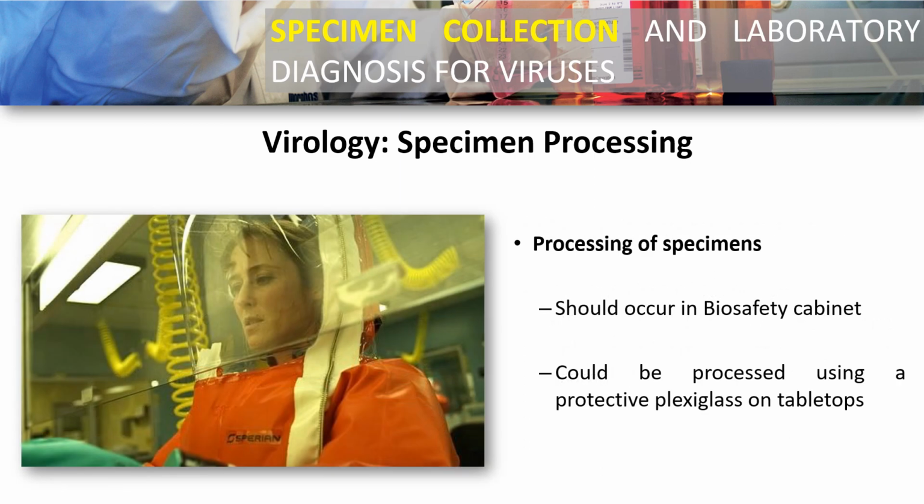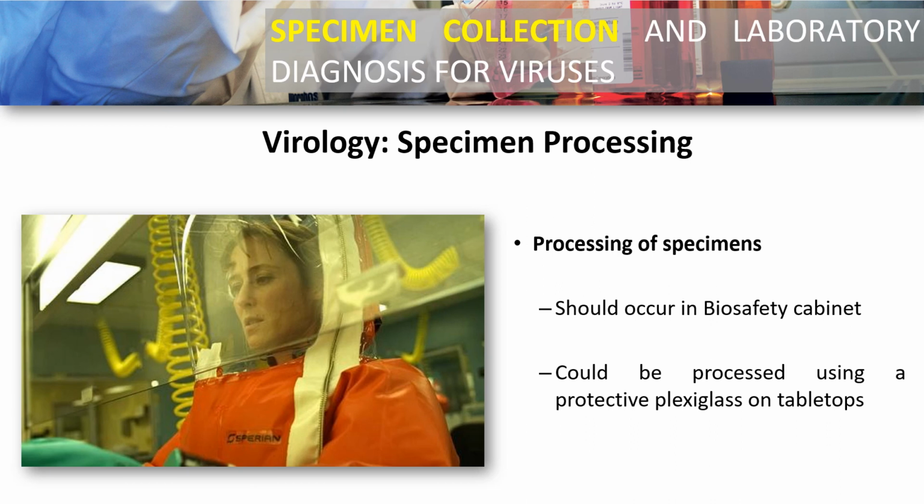So processing of specimens should occur in a biosafety cabinet, of course. Okay, so it depends on the level of your agent, class, kung ano siya. Pero viruses usually BSL-2 naman, class. BSL-3 pag meron kang, usually sa amin, BSL-3 yung ginagamit namin for influenza at saka for HIV.